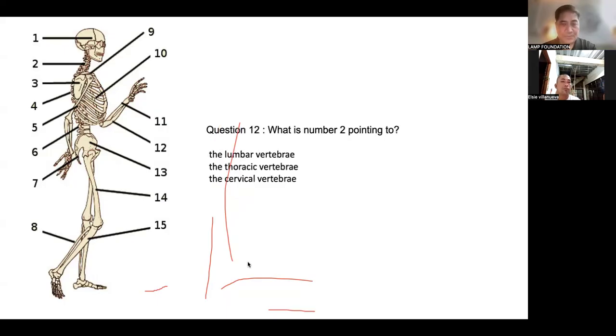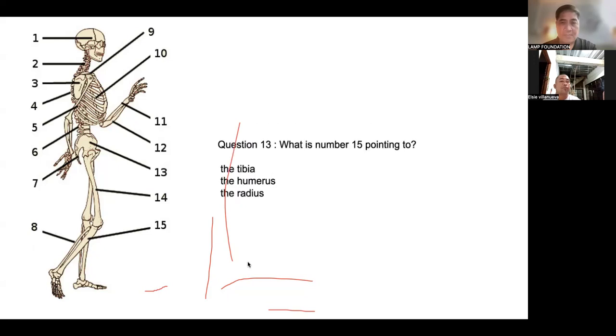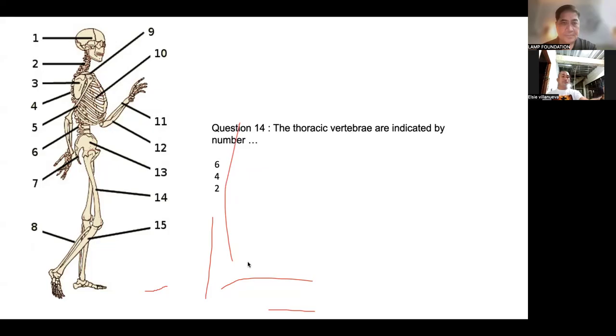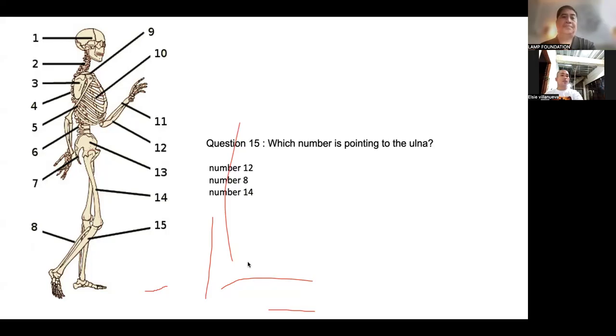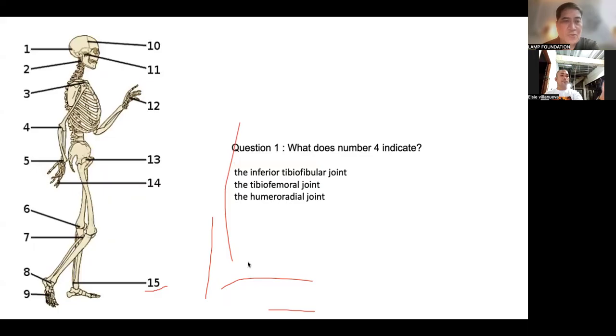Number 2, the cervical vertebrae. Number 15, the tibia. Thoracic vertebrae. Number 4, ulna. Number 12. Number 4.